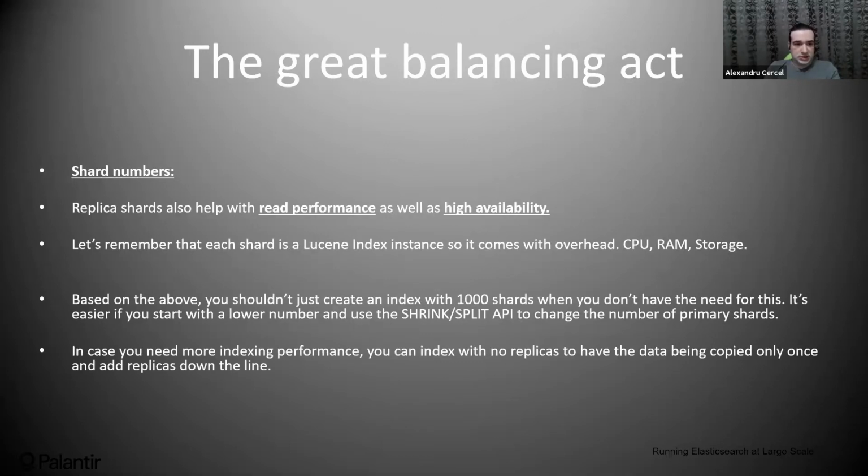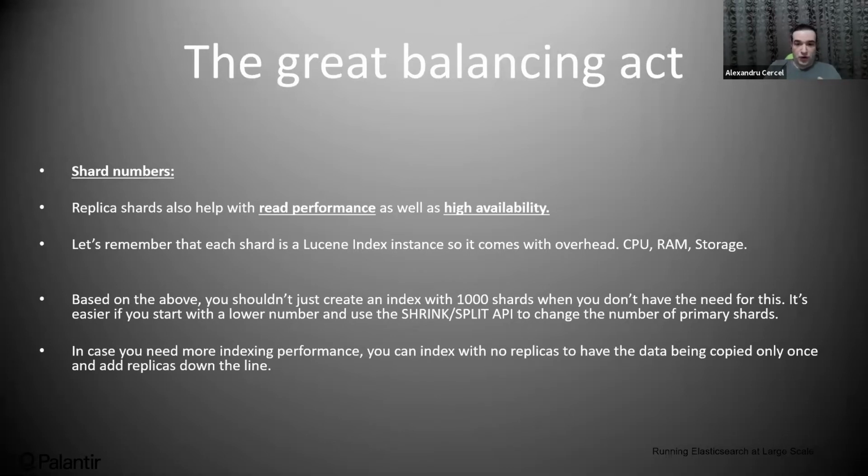On shard numbers, the replica shards are used for read performance as well as high availability. People have a tendency to just throw shards. A shard is an instance of Lucene, so it comes with overhead on CPU, storage, RAM. You don't want more shards than you actually need.